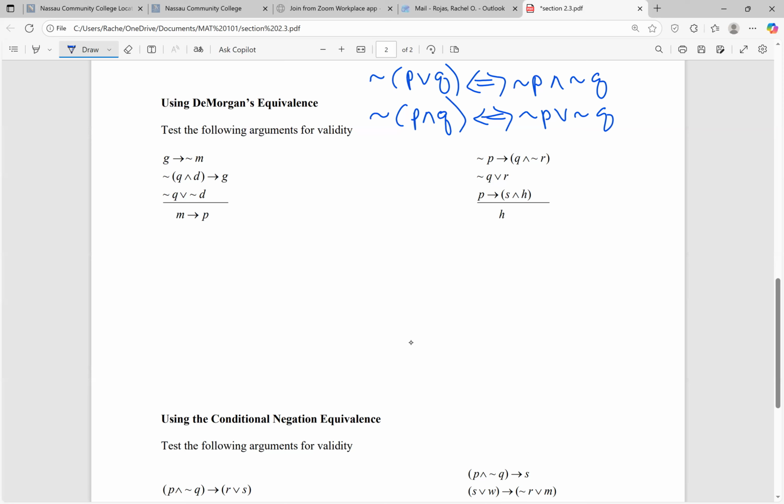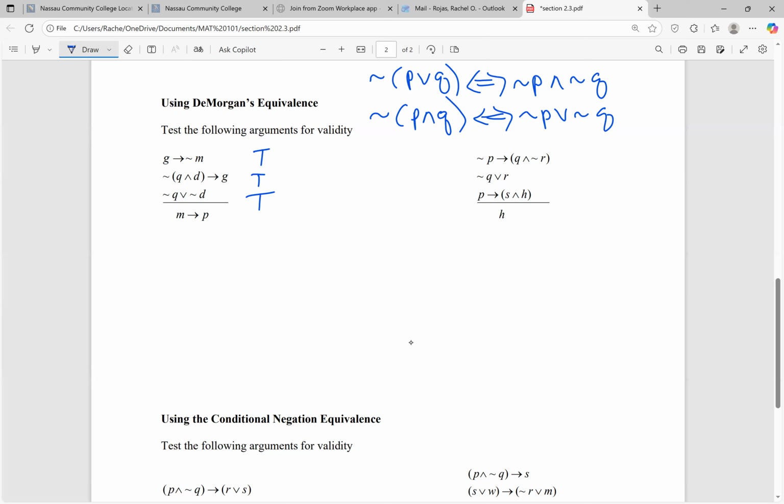So let's see if we can apply that to these two proofs. On the left, this argument has three premises, so let's assume they're all true. Right away, I see an and statement, a conjunction, that's being negated: not (Q and D).